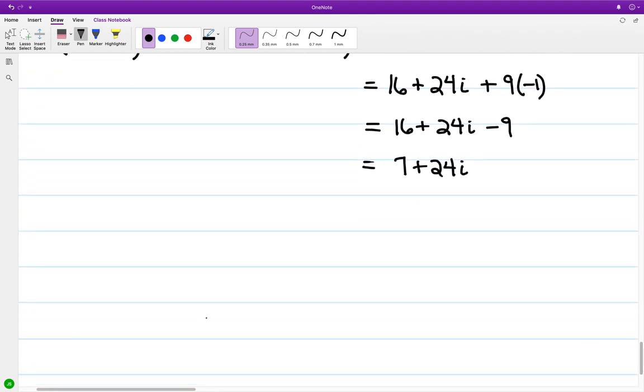Now, in the crossover to complex conjugates, what's going to happen is that complex conjugates have a feel of the factorization of differences of squares.